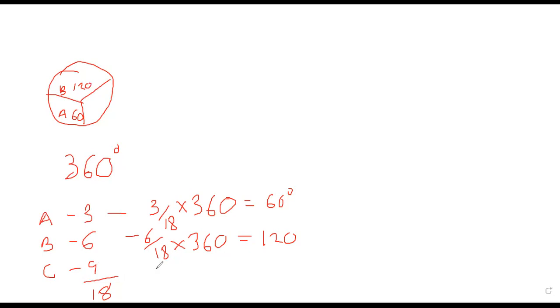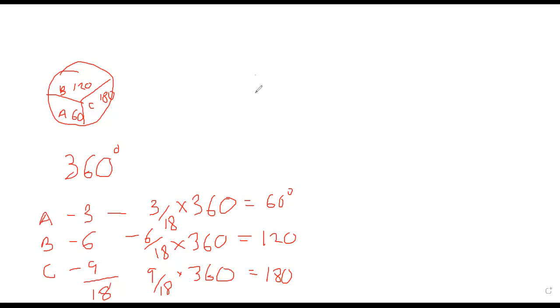And 9 out of 18, 18 into 360 is 20. So 20 times 9 is 180. So 180 becomes your C. That is how we find the pie chart. So our pie chart looks like that. So you need to know how to break it down.